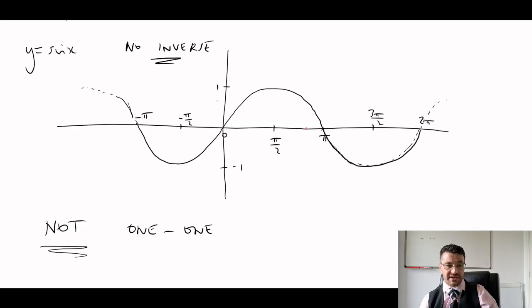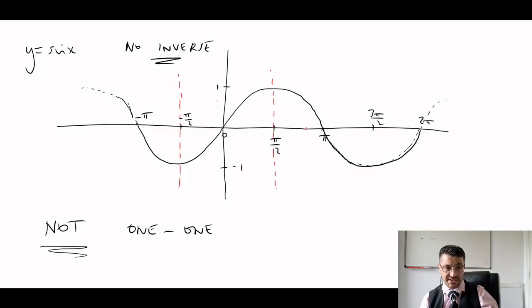Okay, because if I restrict from minus pi by 2 to pi by 2, the function is still 1 to 1. But if I extend any further beyond minus pi by 2 or pi by 2, then the function ceases to be 1 to 1.